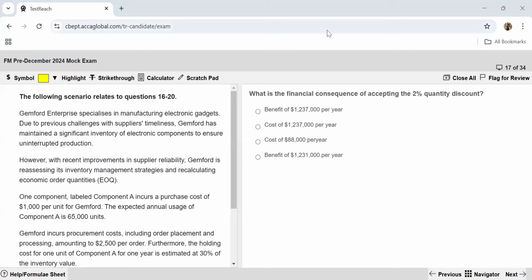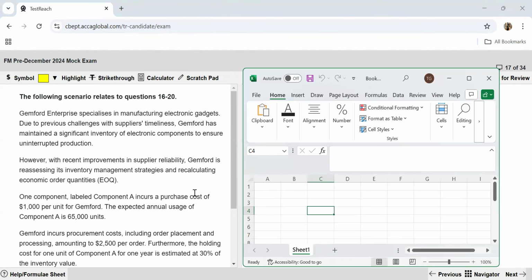So I'll just present my whole screen. All right, here it is. So you will be able to see the Excel file as well now.